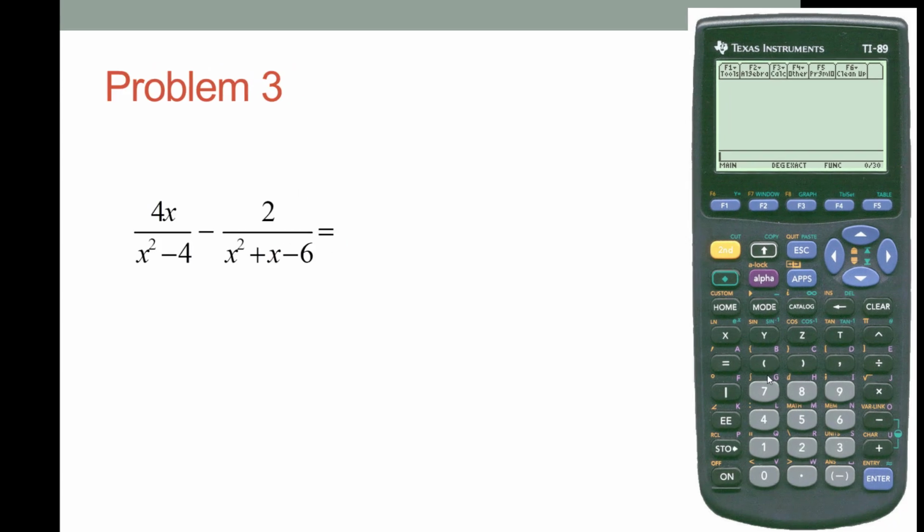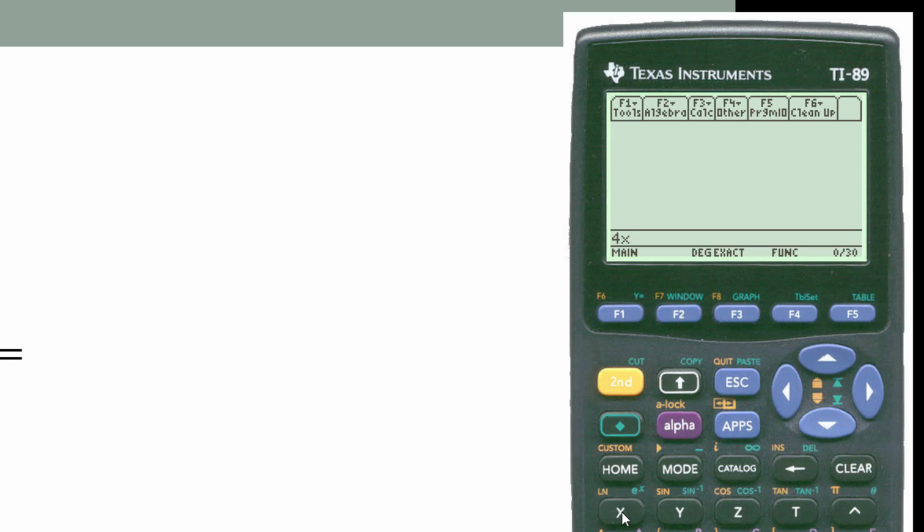Here, we're just going to enter it in the calculator: 4x over, and parentheses here, x squared minus 4, close parentheses, minus 2, over, so we hit divide, parentheses, x squared plus x minus 6, close parentheses there, hit enter.